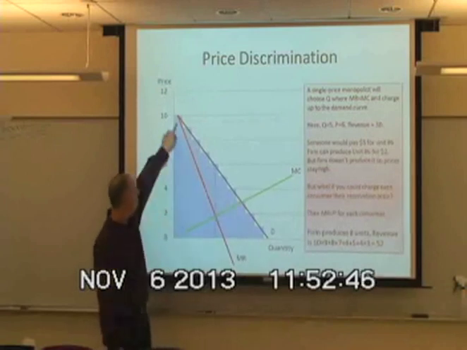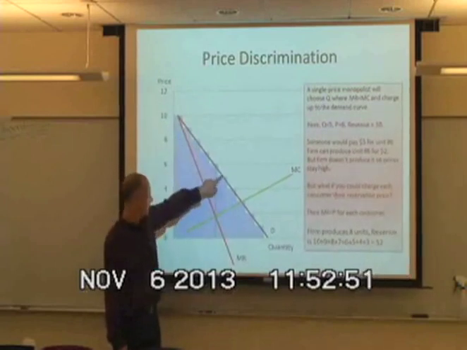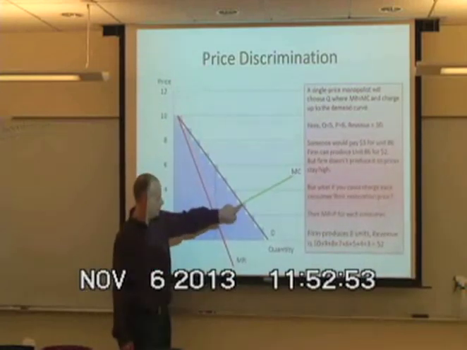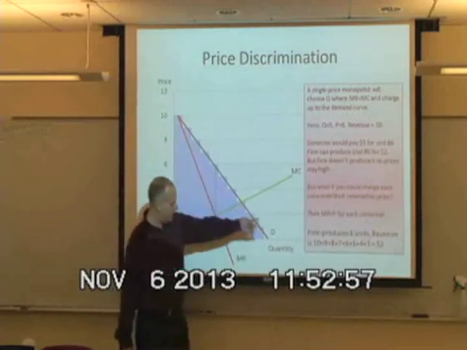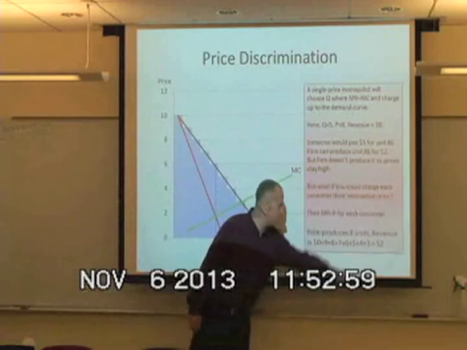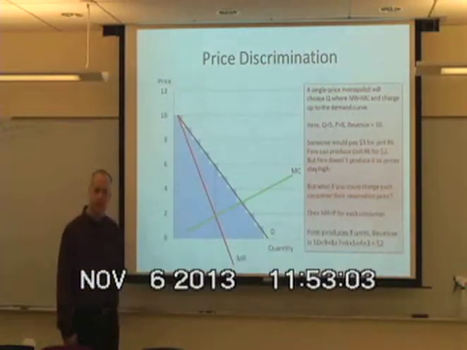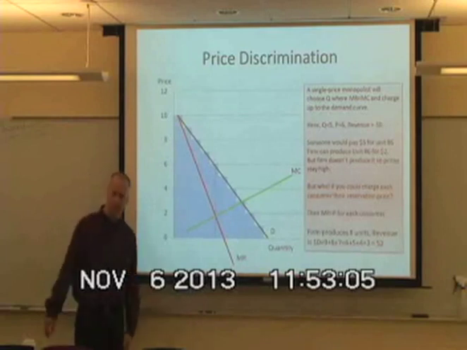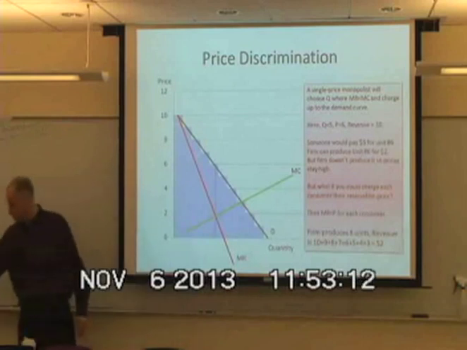Their total revenue: $10 from this person, 9, 8, 7, 6, 5, 4, 3. They don't produce unit number 9 or 10. Add this up, and they collect $52 in revenue instead of 30. So if the firm can charge each consumer different amounts, they can collect more revenue and actually produce more units.